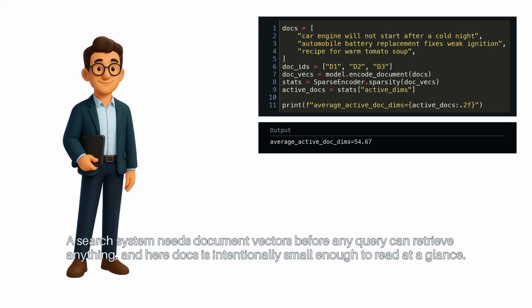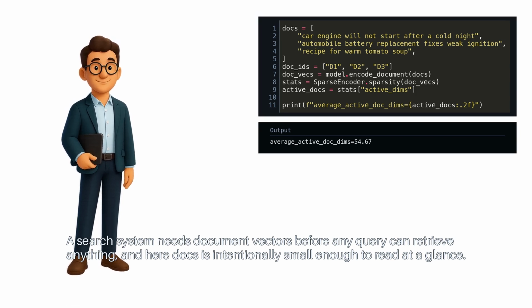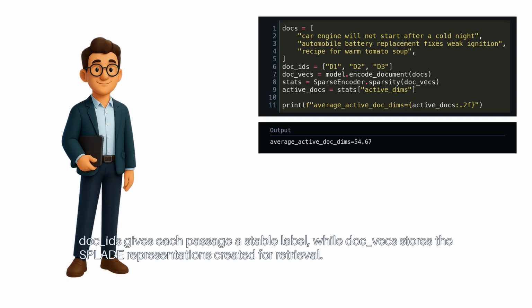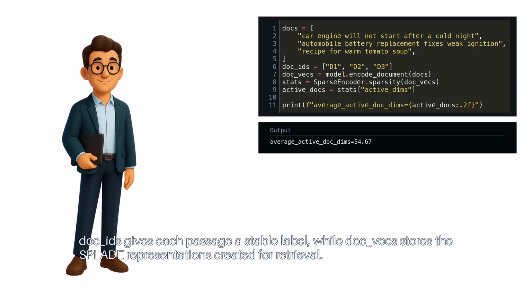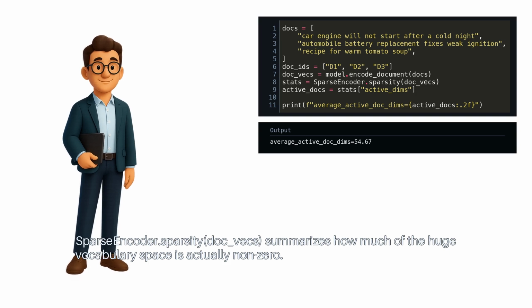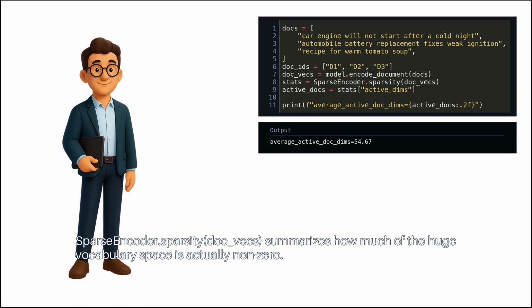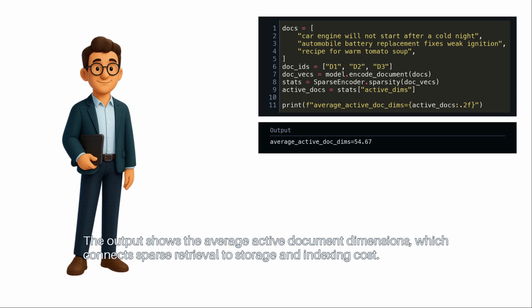A search system needs document vectors before any query can retrieve anything, and here docs is intentionally small enough to read at a glance. doc_ids gives each passage a stable label, while doc_vecs stores the SPLADE representations created for retrieval. SparseEncoder.sparsity on doc_vecs summarizes how much of the huge vocabulary space is actually non-zero. The output shows the average active document dimensions, which connects sparse retrieval to storage and indexing cost.